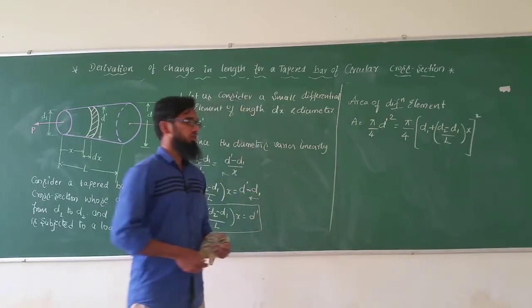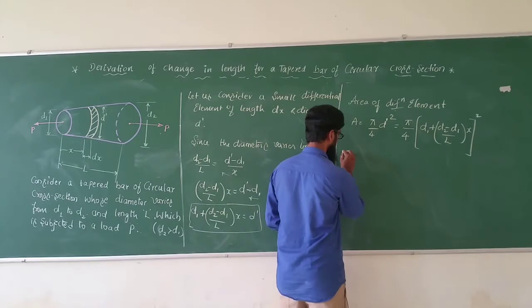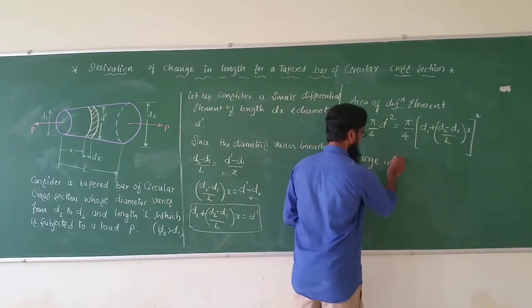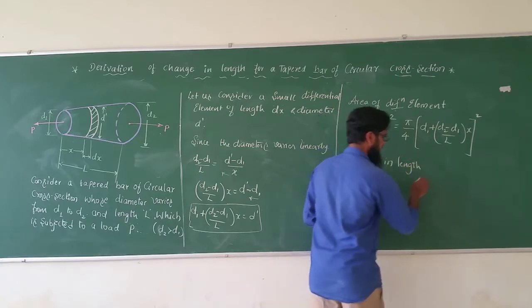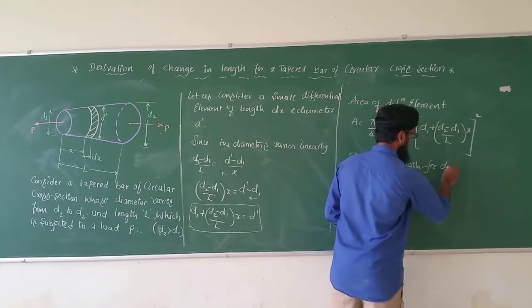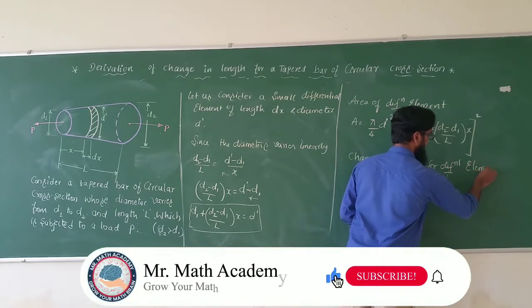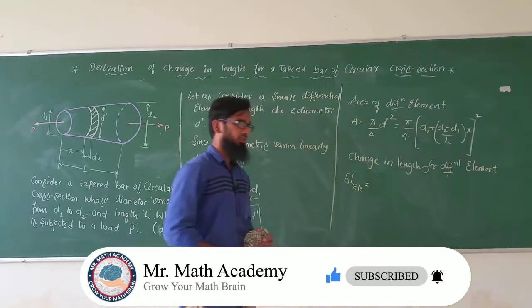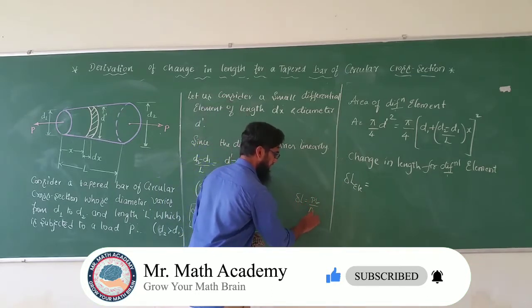Once we find the area, I will go for the change in length of the differential element, delta L. We know that delta L is equal to PL by A, the standard formula.